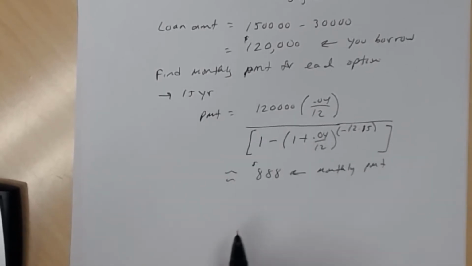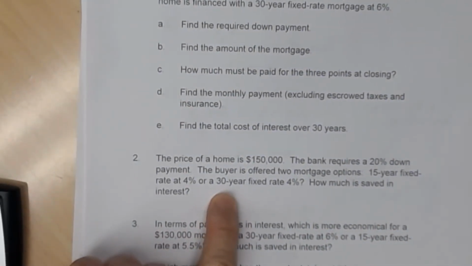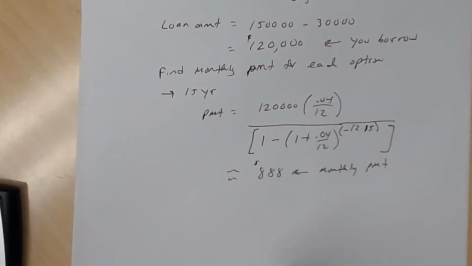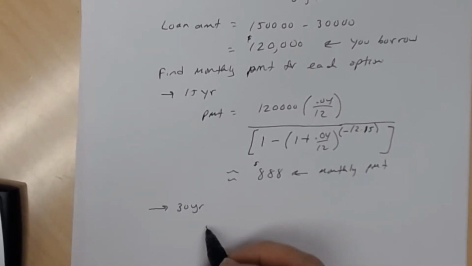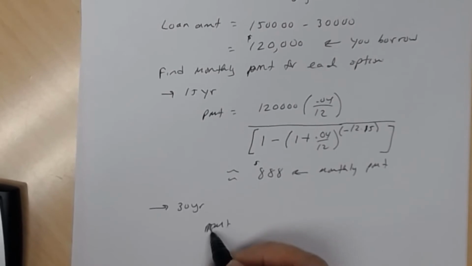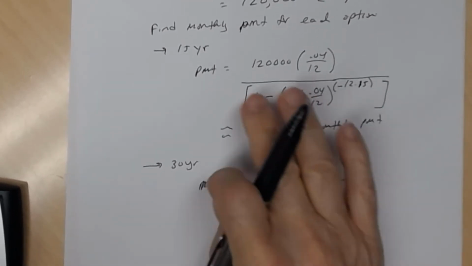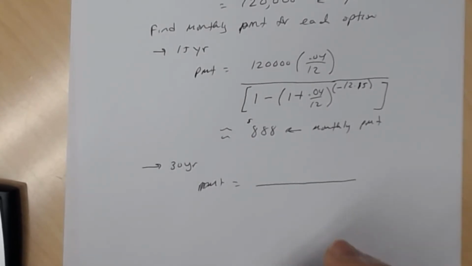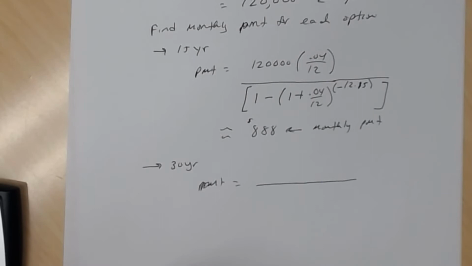All right. Let's find the monthly payment for the other one, the 30-year. So for the 30-year, the monthly payment will equal the same thing. You're going to see the same numbers, except what do you think is going to change? The time, right?